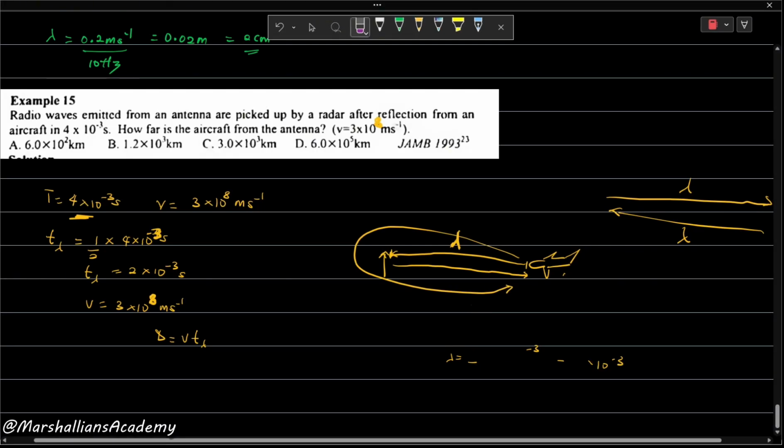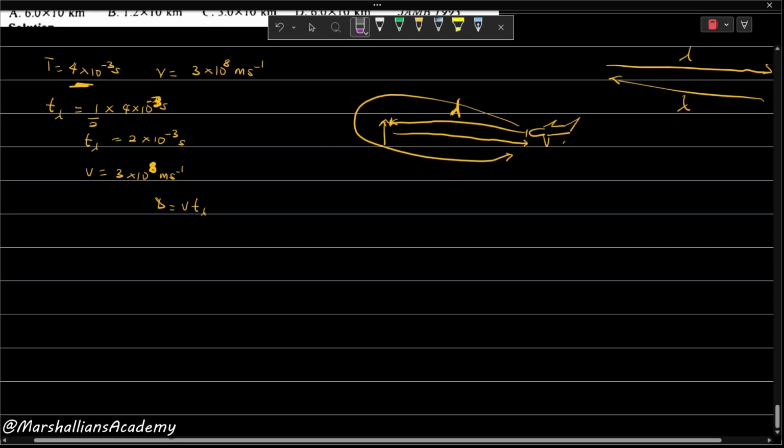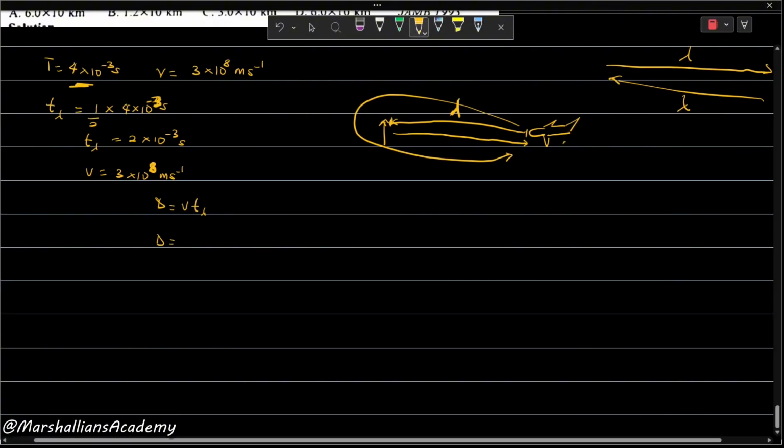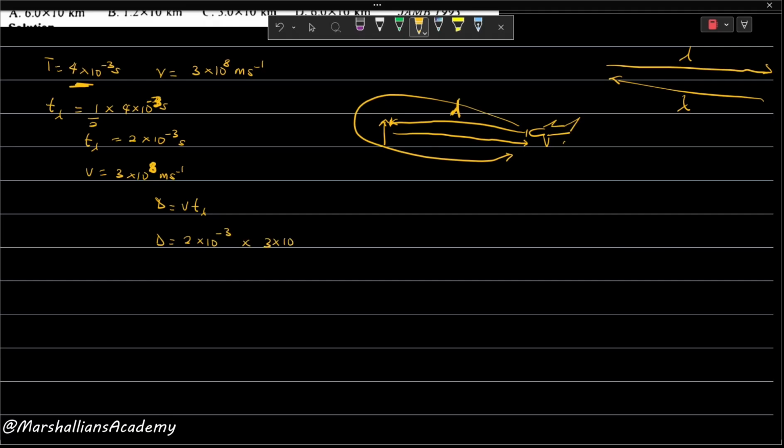For some of you that are still confused, let's say this is the antenna and this is the aircraft. Now look at it. The radio wave went this distance, then reflected back to the airplane. Are we together? So look at it.